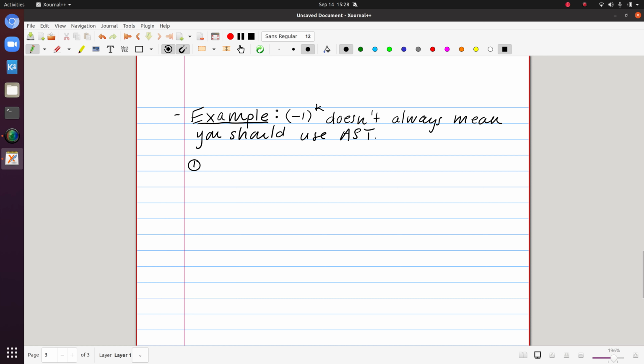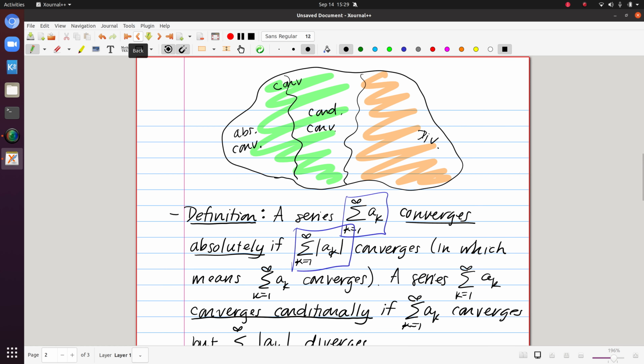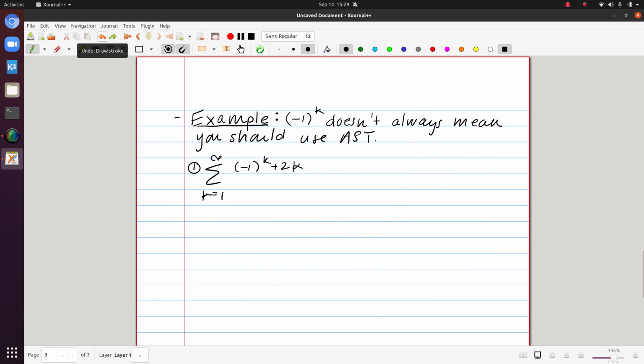So for one, if I have the sum from 1 to infinity of ((-1)^k + 2k)/(k + 3), notice that, of course, there is a (-1)^k in here, but importantly, it's not being multiplied by 2k.